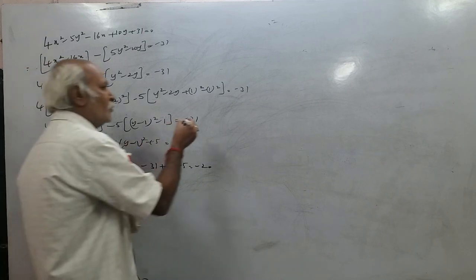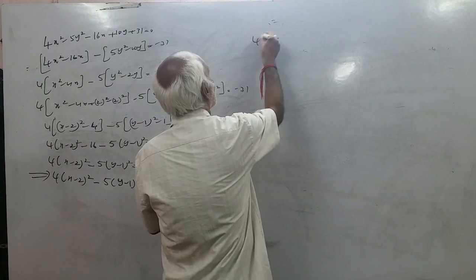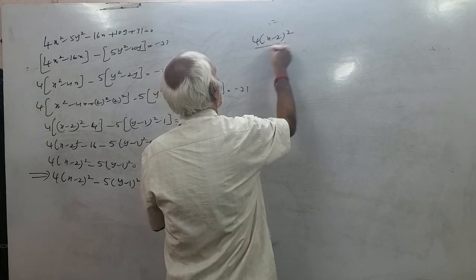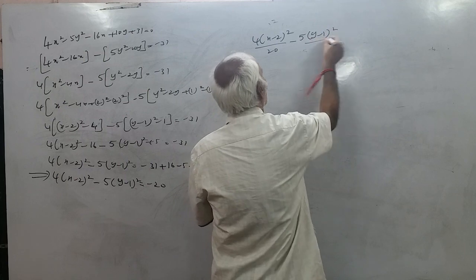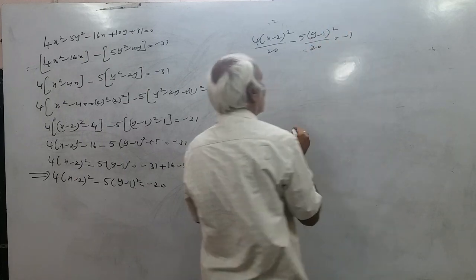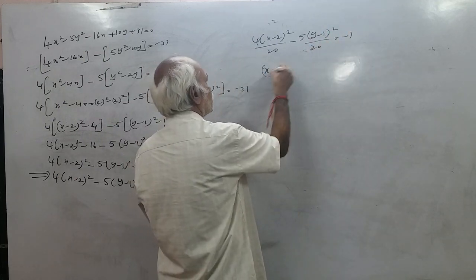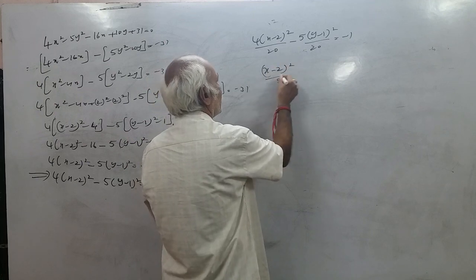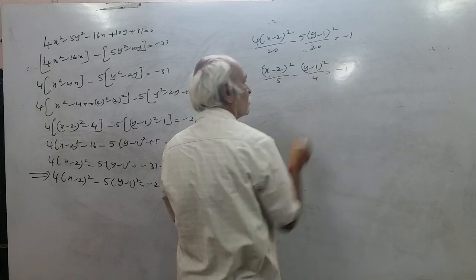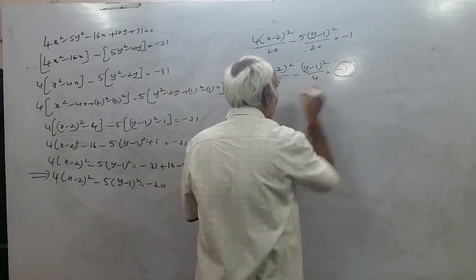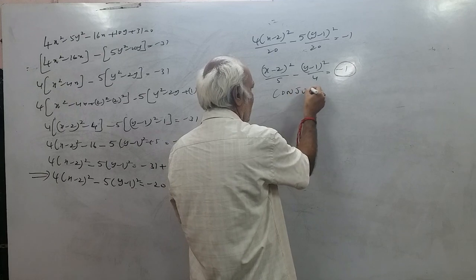So divide by 20 only. 4 into x minus 2 whole square by 20 minus 5 into y minus 1 whole square by 20 is equal to minus 1. So x minus 2 whole square by 5 minus y minus 1 whole square by 4 is equal to minus 1. So here minus 1 is there. So conjugate hyperbola.